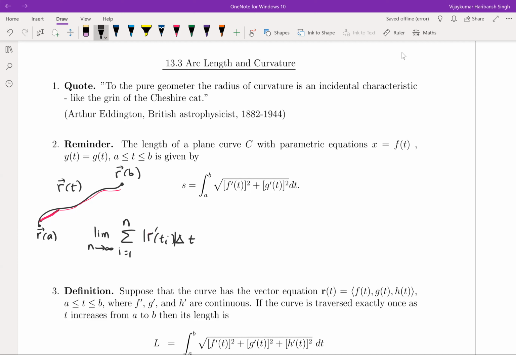So the length of plane curve C is given by the integral from a to b of the absolute value of r prime of t dt.